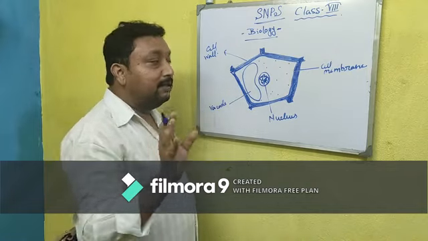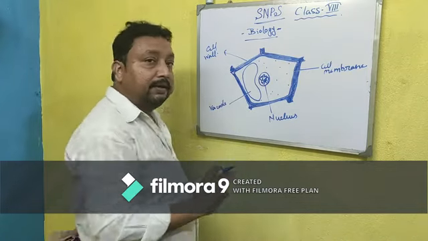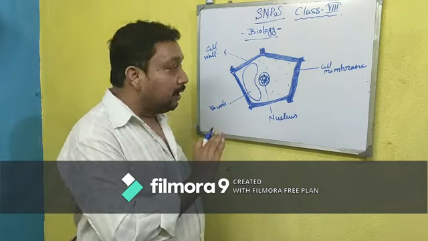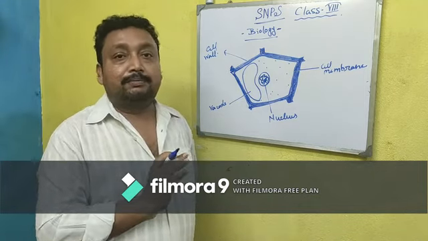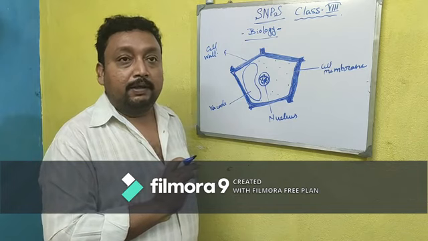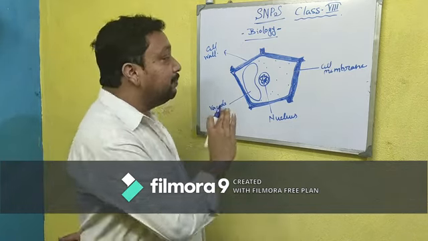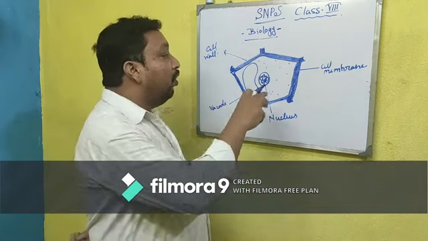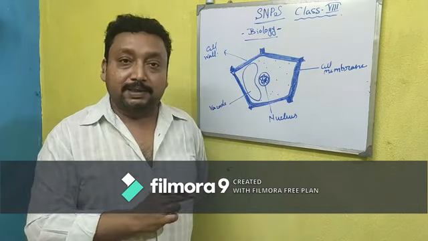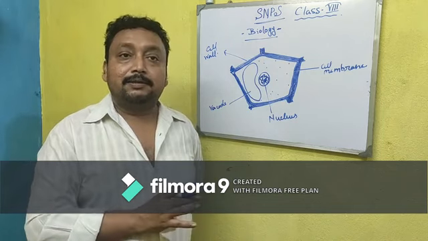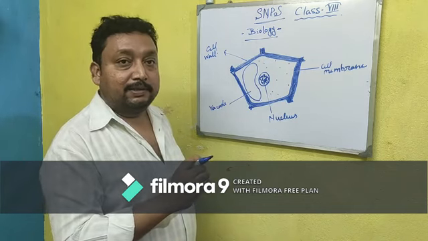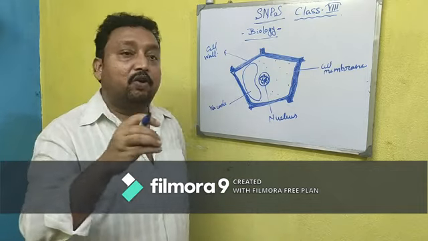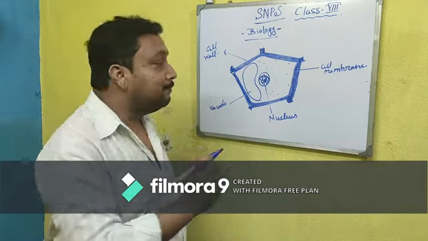What is the matrix? The matrix is the jelly-like structure present within the protoplasm, over which all the cell organelles are present. Over the matrix, the cell organelles are present.